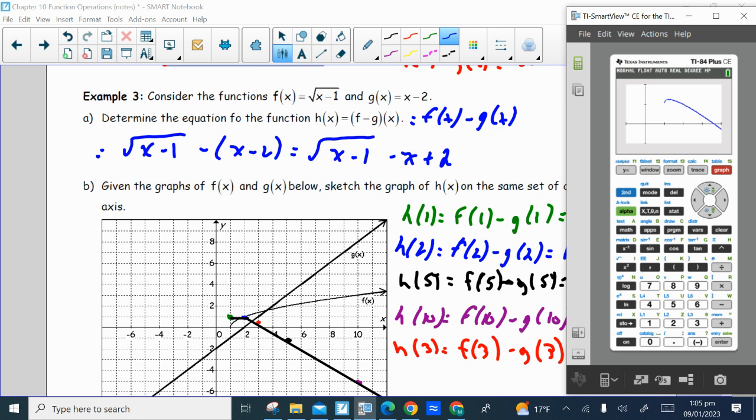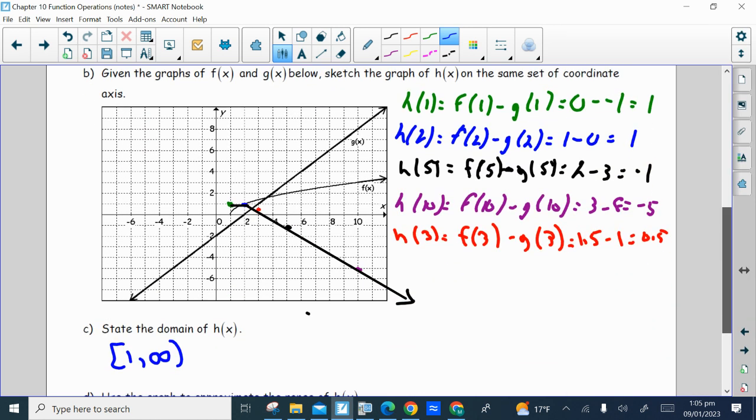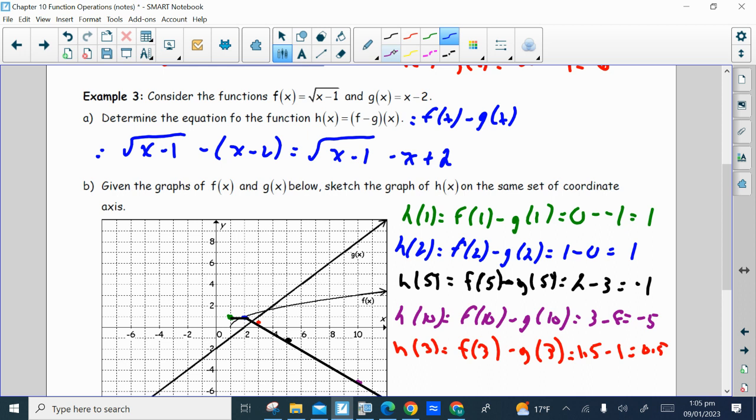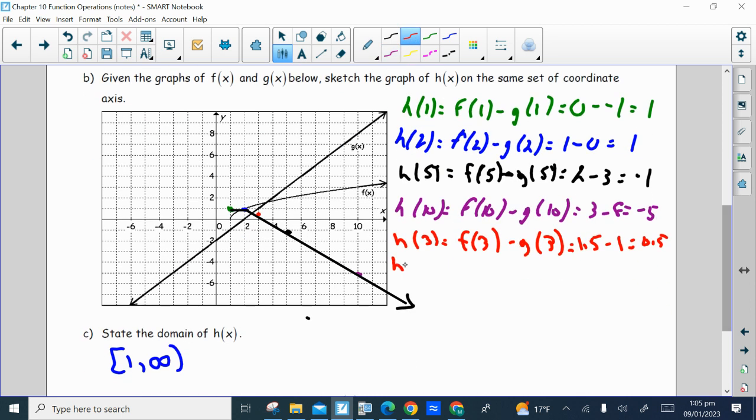So let's find out what the value of h is at, say, 1.5, between positive 1 and positive 2. So let's find h at 1.5. And again, we're going to use some approximations here, but let's see what we get. So that'll be f at 1.5 minus g at 1.5.